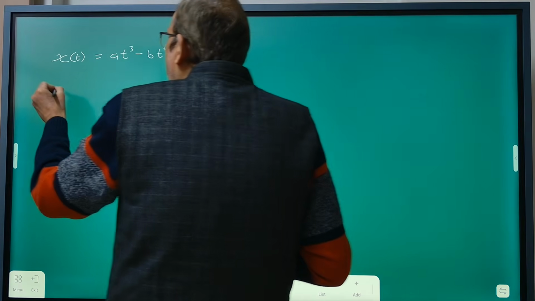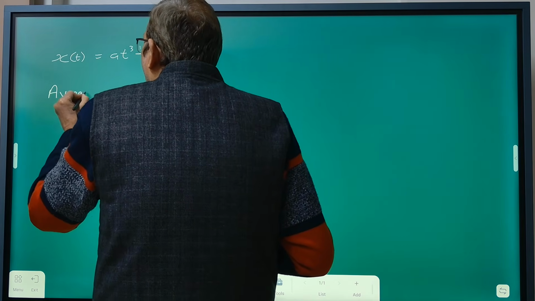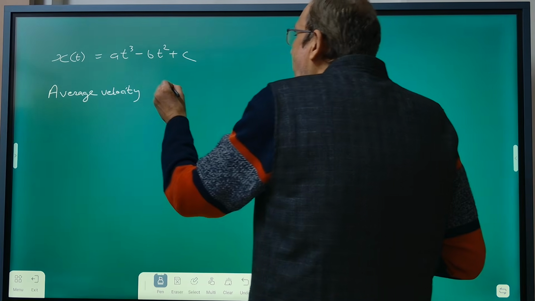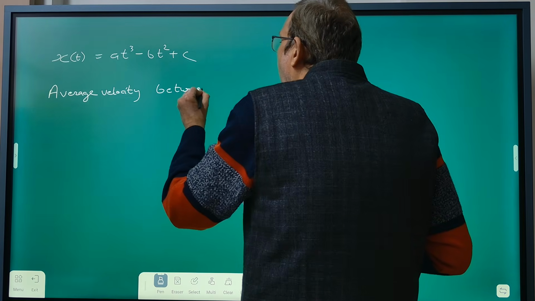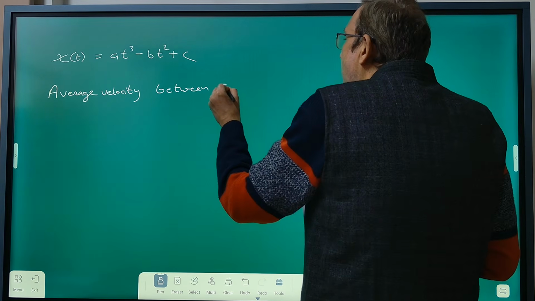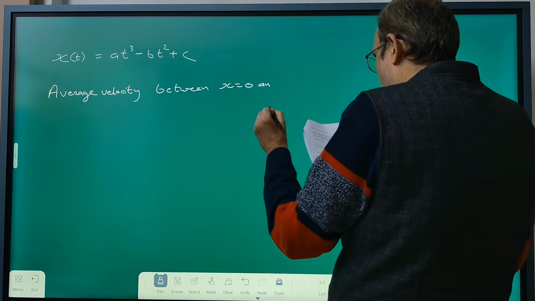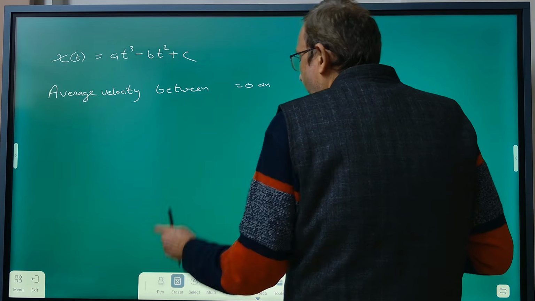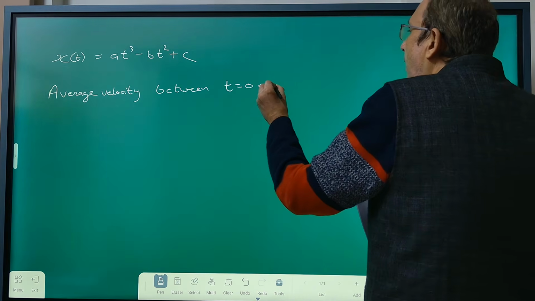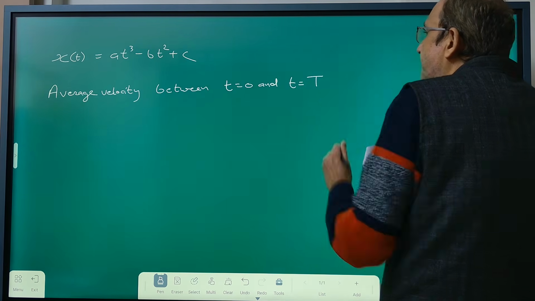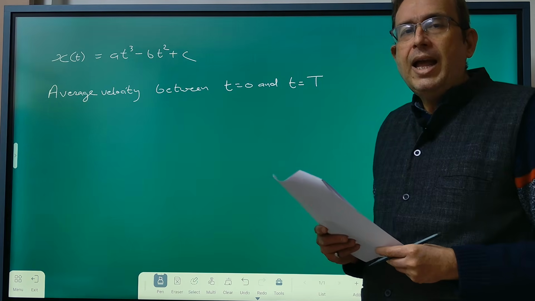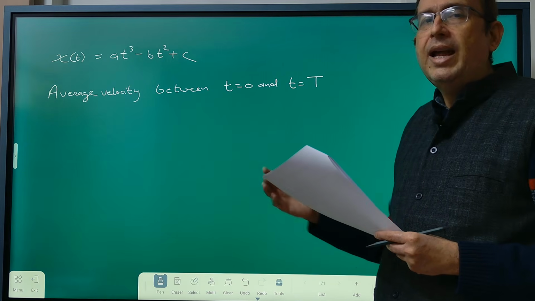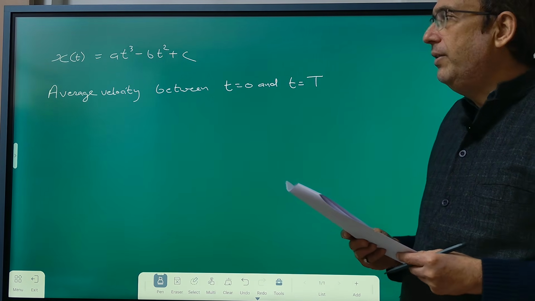You have to find the average velocity. Now, you find out this average velocity between t is equal to 0 and t is equal to capital T. So the time lapsed between the initial and the final stage is capital T, and this is the time that has lapsed between the two different points.